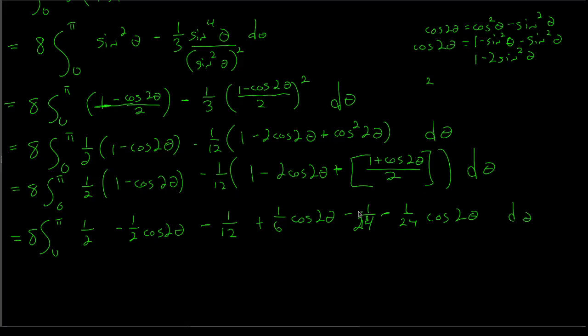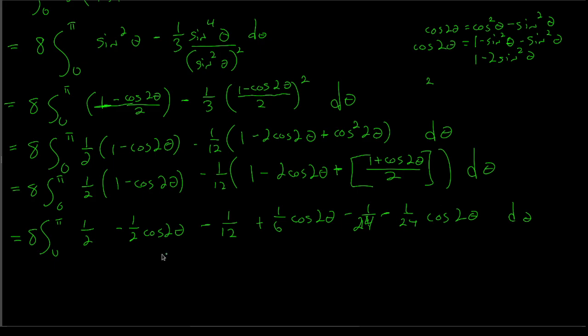Let me just double check my expansions. That's negative 1/12 plus 1/6 cosine 2 theta minus 1/24 cosine 2 theta.